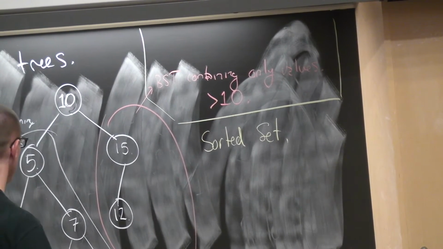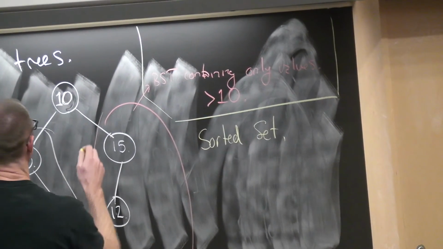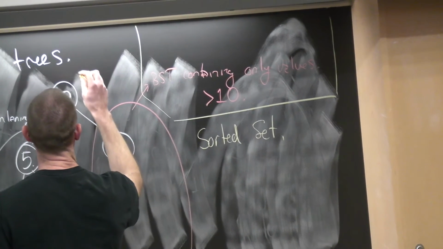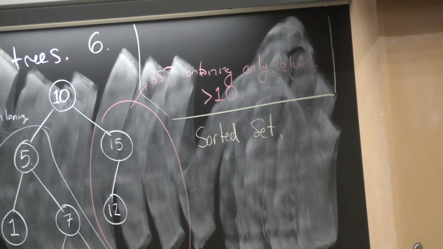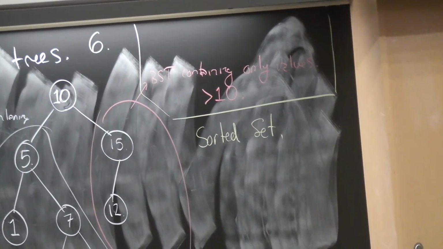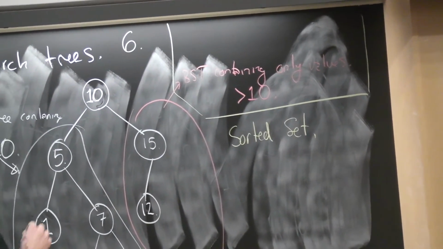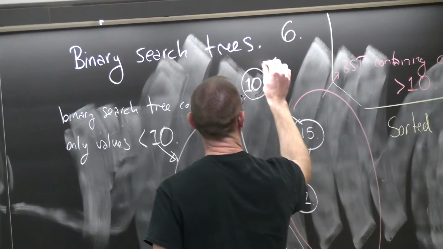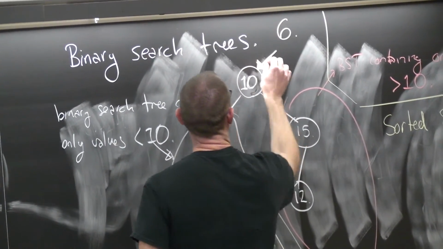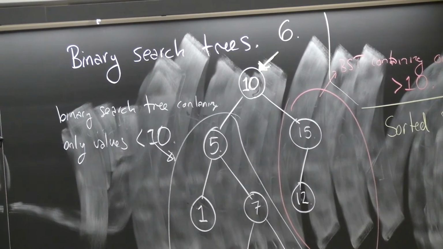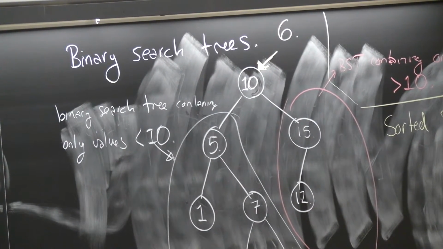So for example, if in this tree I want to find the value 6, well, I have to start somewhere, and the natural place is to start at the root. So if I start at the root and I'm looking for 6, what should I do?